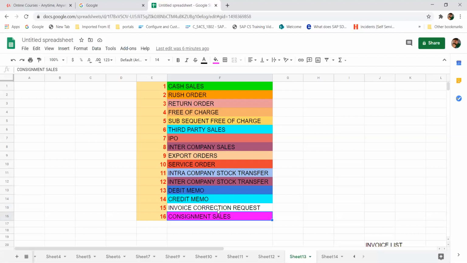And another one is called consignment sales. This is where stock is placed at the consignee location. When a customer uses the stock, that will be controlled by the company, and once the ownership changes, the customer gets a direct bill.